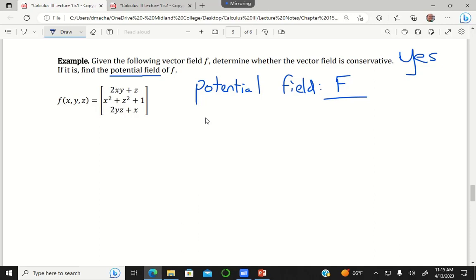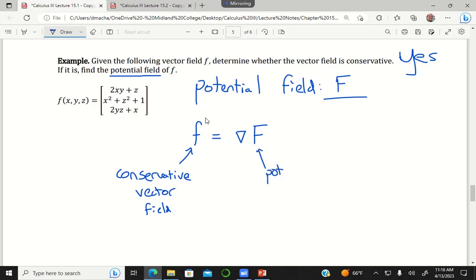And the way it works for a conservative vector field is that the conservative vector field is the gradient of the potential field. And remember, the potential field is a scalar field.